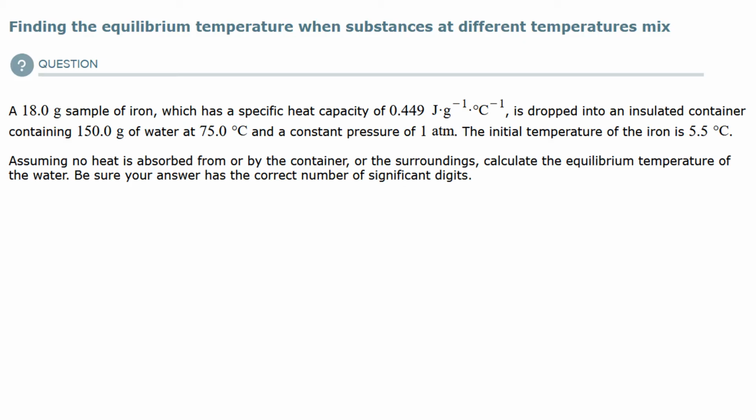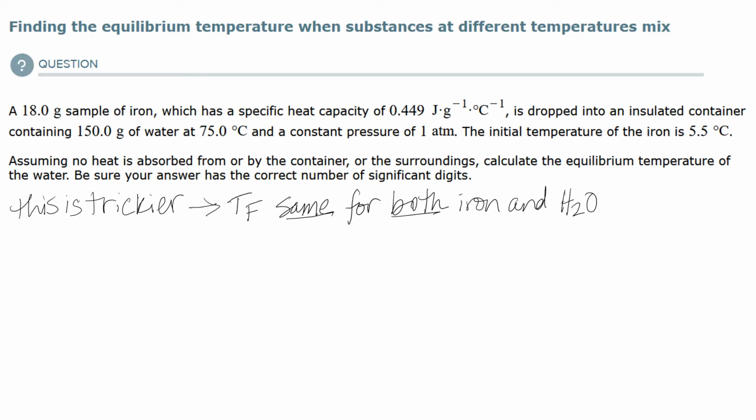What we don't know is the temperature final. But what we do know is that the temperature final is going to be the same for both iron and water, as we saw in the last problem.